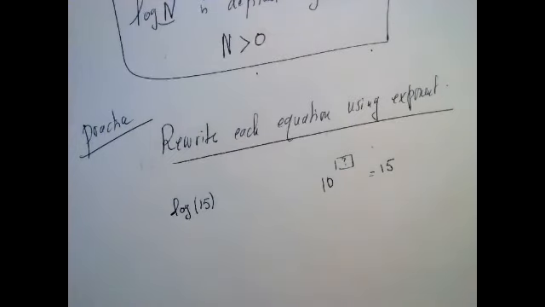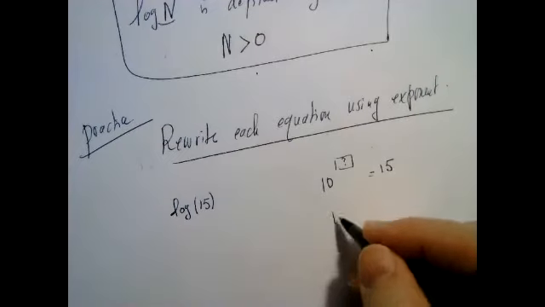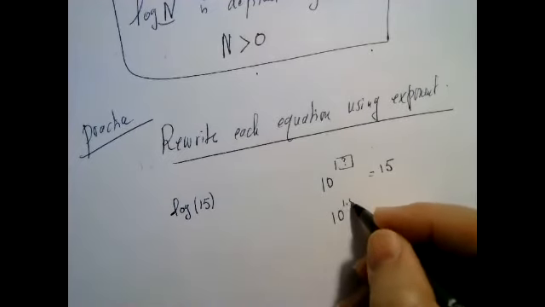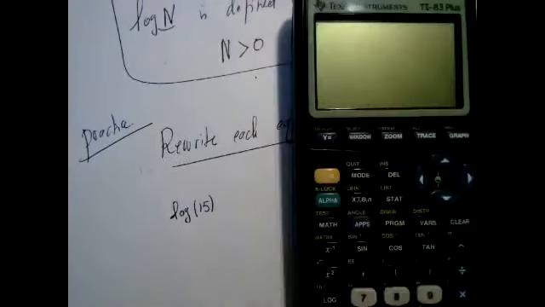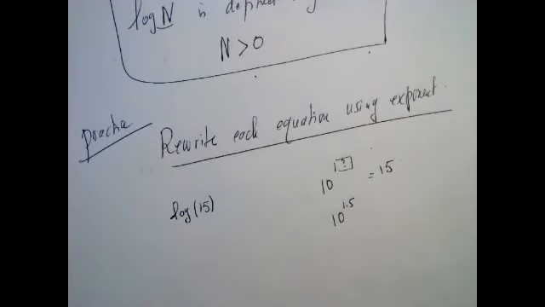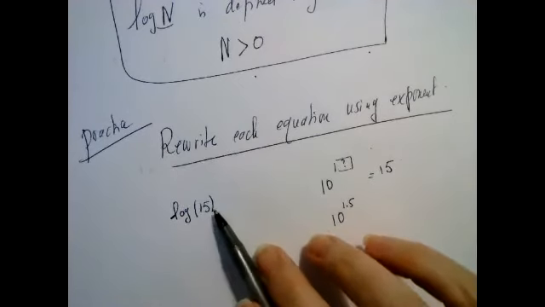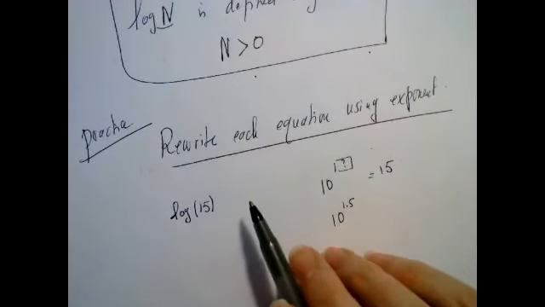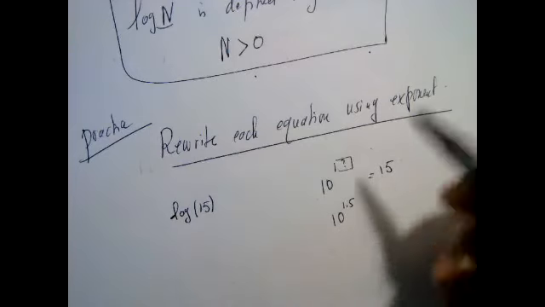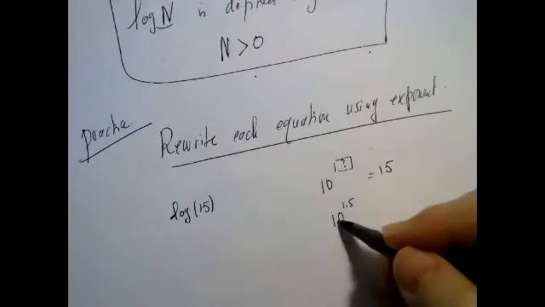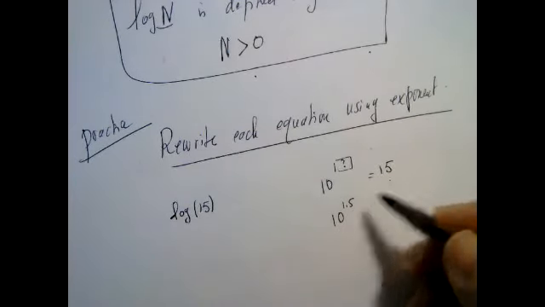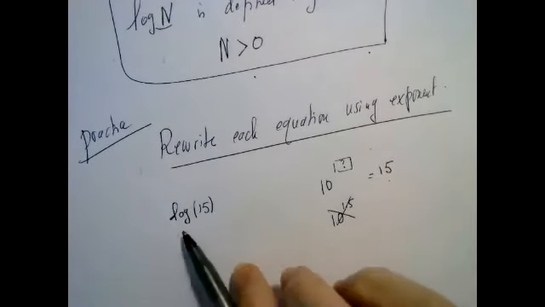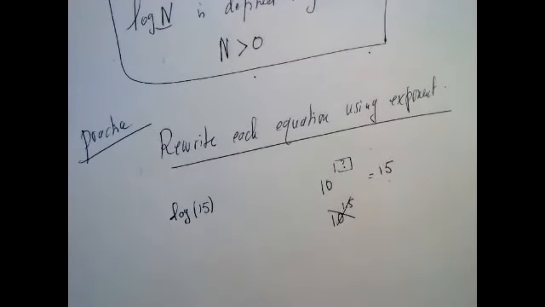I don't really know exactly what it is. I can try. Is it 1.5? I don't know. So we pick up our calculator and take 10 to the power 1.5. I'm getting 31. It's not correct. So finding log 15 is a fairly hard problem. The one I gave you is really easy because I'm looking for the power of 10 which gives you 15. That's why, to find the values of the log, we have to use our calculator.